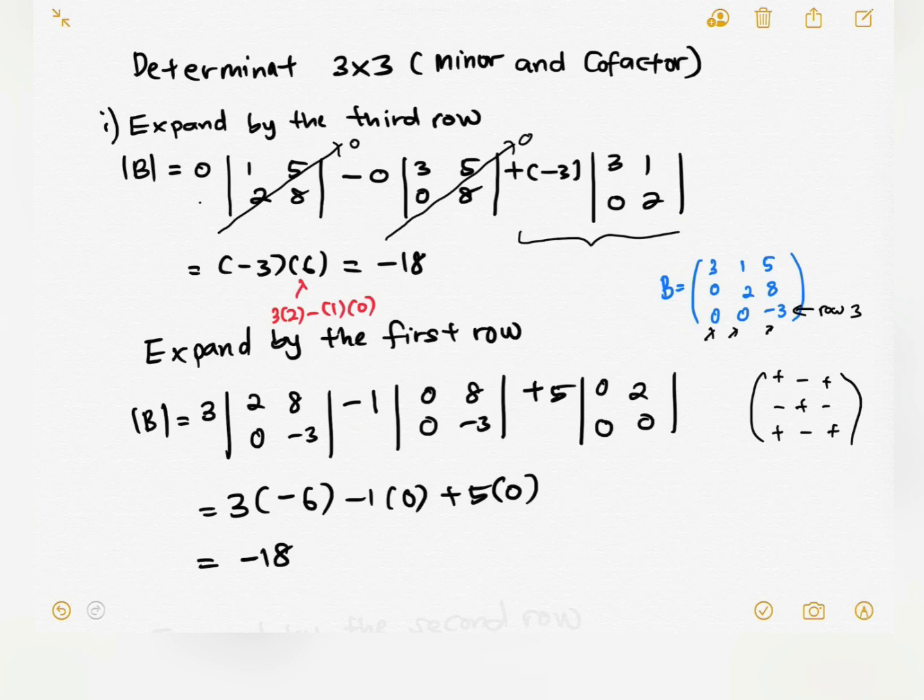I also expand by the first row. By the first row, I have 3, 1, 5. The sign is positive, negative, positive.